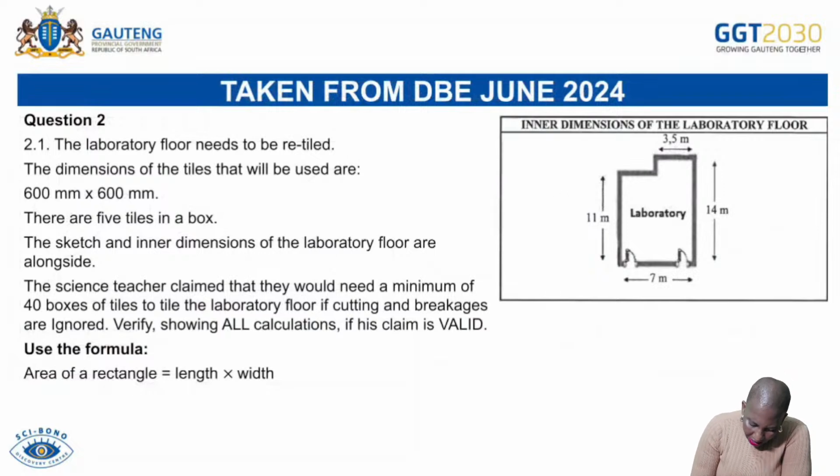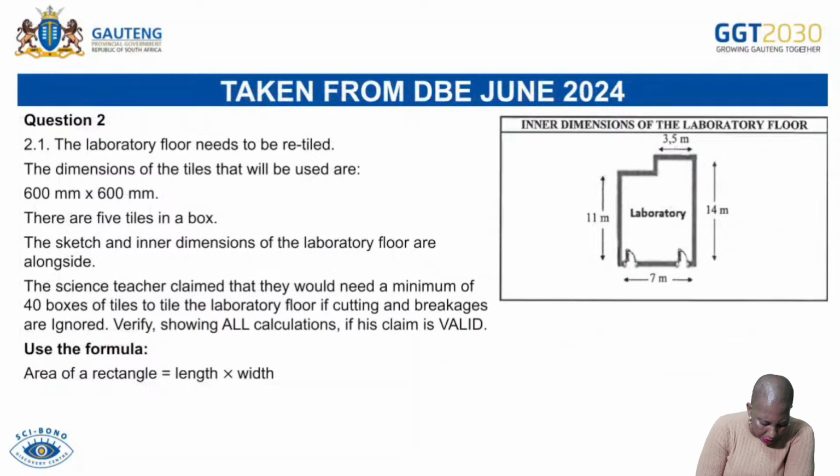Now you look at the diagram, you look at the information given. With the diagram, we are given the floor plan or the layout of the laboratory floor, and there are the dimensions. All the dimensions are in meters.